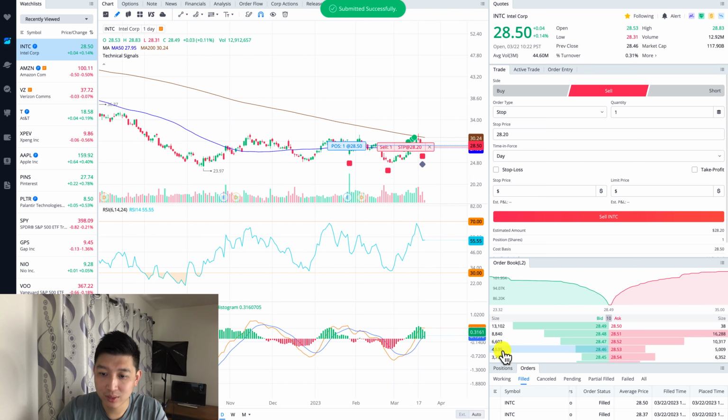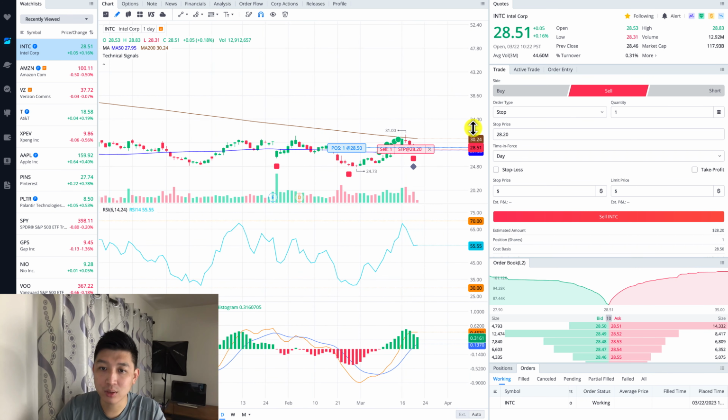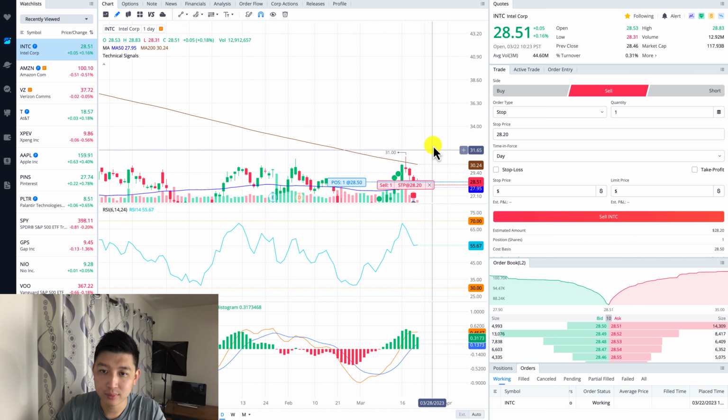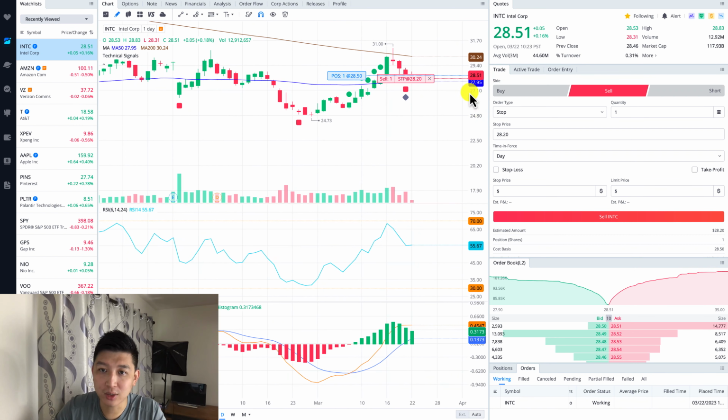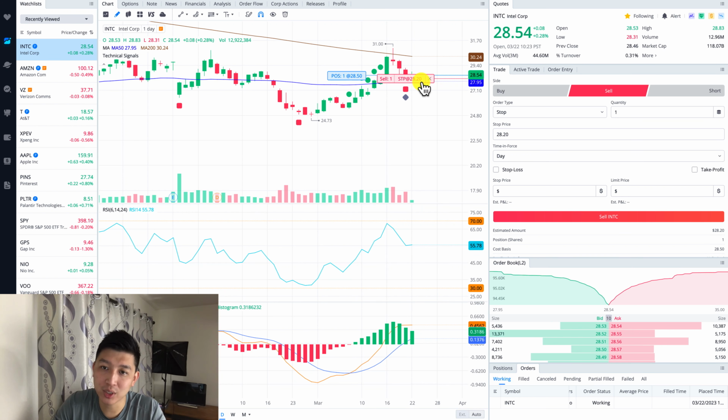So now it's in the working orders right over here. Let me zoom in real quick for you guys. Okay, hopefully you guys can see this. In my position, I have 28.50. I put a stop at 28.20. If it doesn't hit the stop, it's not going to trigger a market order.